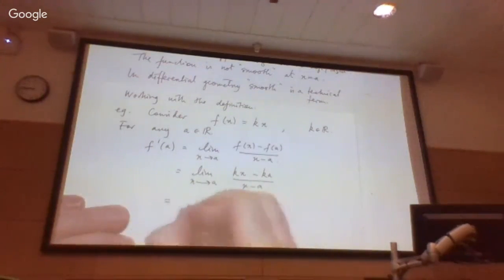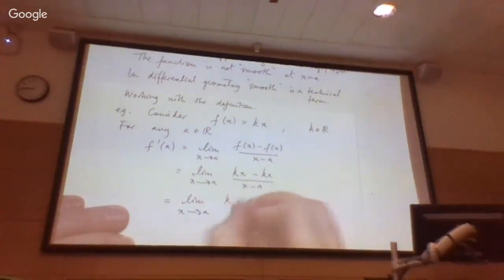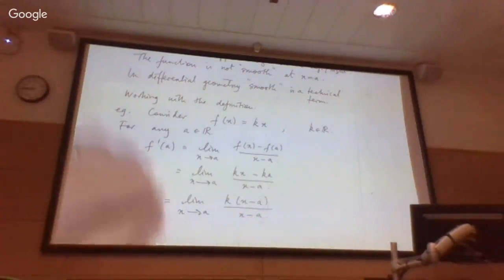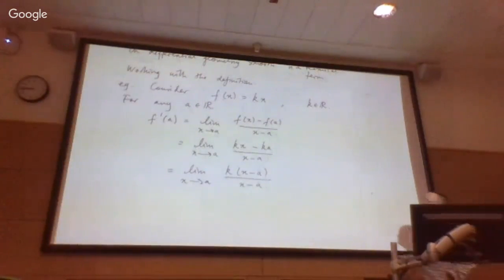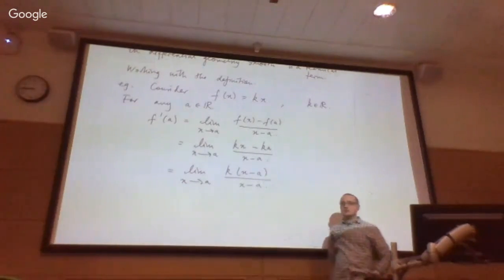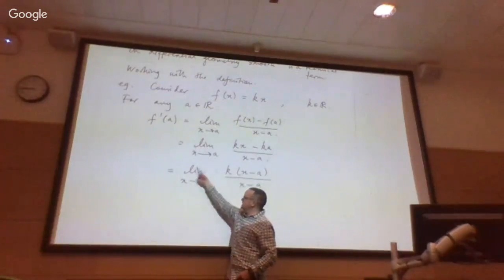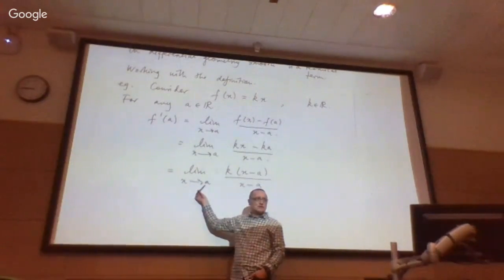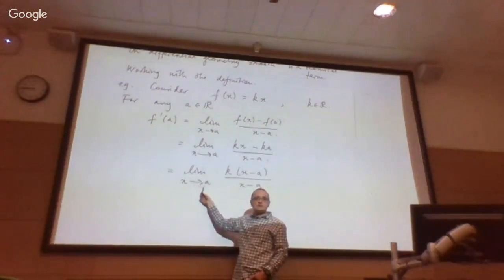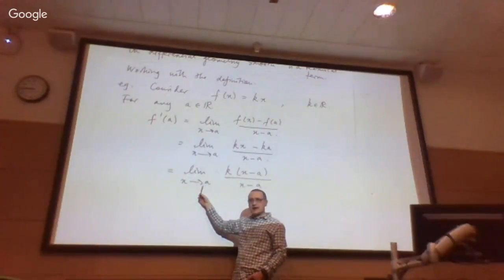What you have to notice here is that you've got a factor of x minus a on the top and the bottom. So you've got k times x minus a over x minus a. You've got the same quantity as a factor on the top and bottom of a fraction, so they can be cancelled with each other. And you're looking at the limiting value as x approaches a. So in this process, x is never actually equal to a. It's just getting closer and closer to a. It never passes through the value a.